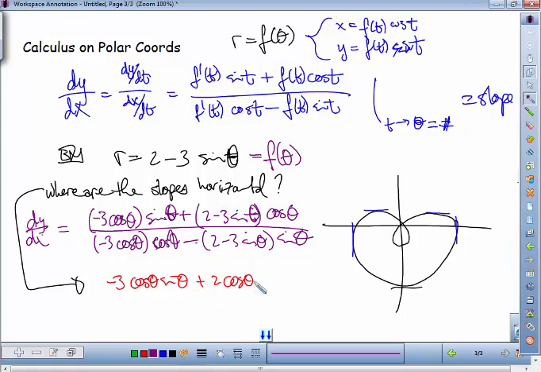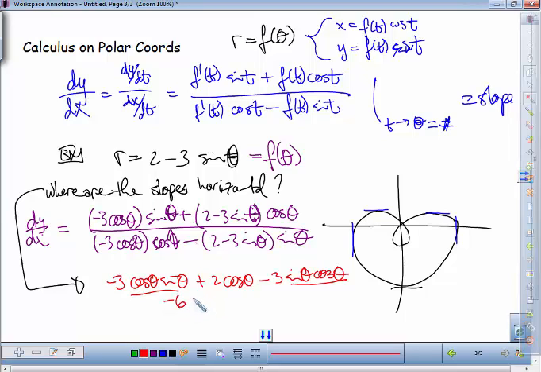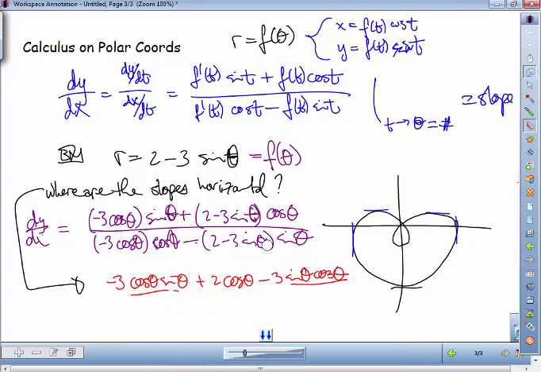We were looking for this. So that's 3 sine theta cosine theta. And we got two like terms here that we can combine. Fortunately, they don't cancel, but they do combine, so that's negative 6. Is there something in common? Yeah, so why don't we factor that out too?